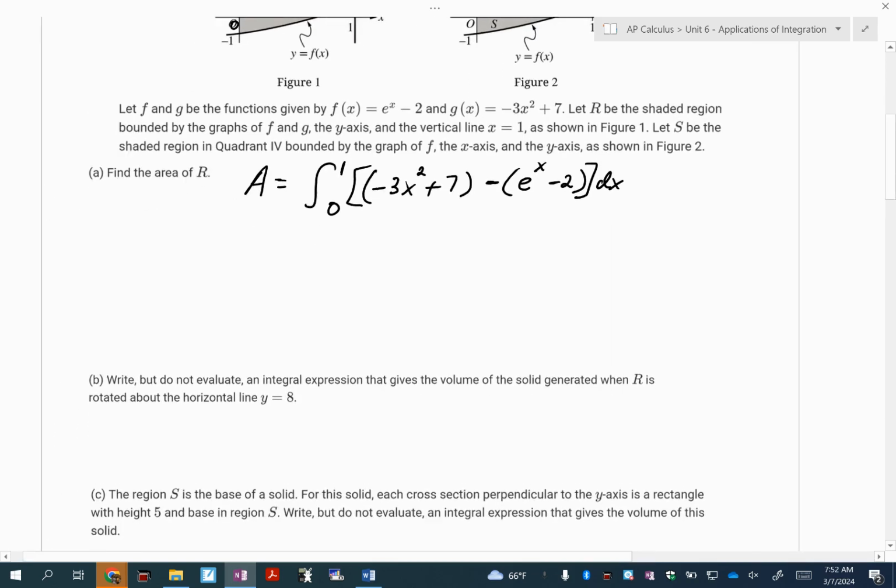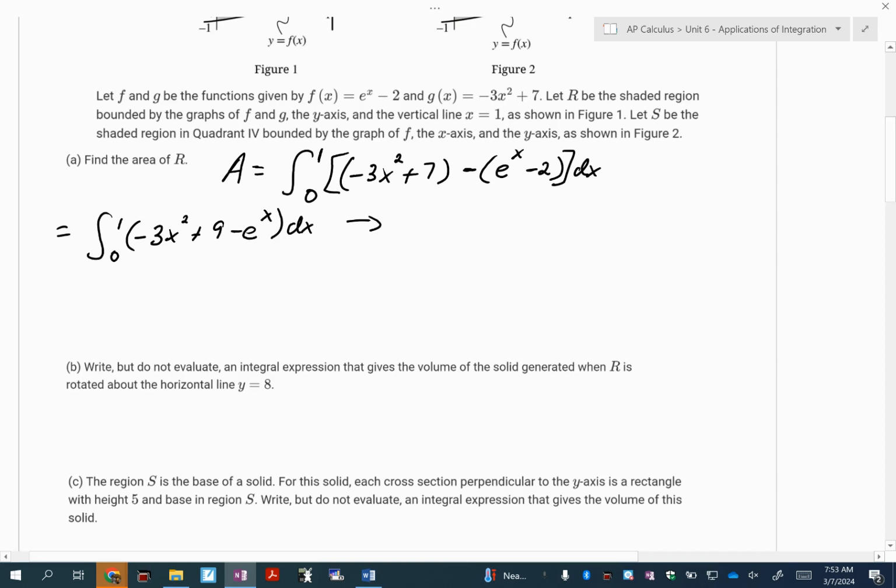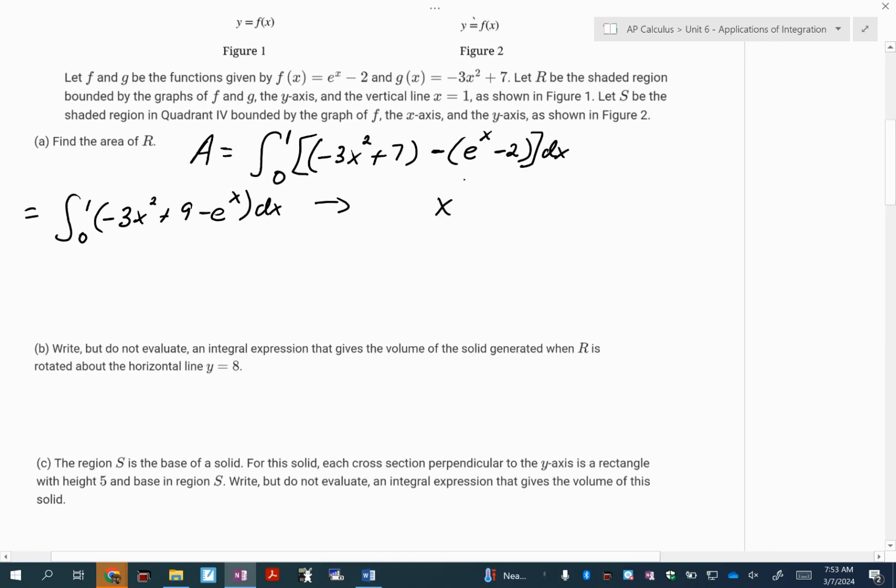So if I clean that up a little bit, the integral from 0 to 1, I don't have any other like terms with negative 3x squared. 7 minus a negative 2 is really 7 plus 2, which is 9. And subtracting e to the power of x is going to be minus e to the power of x. So I'm going to do the antiderivative of this, which is going to give us, all right, x cubed.